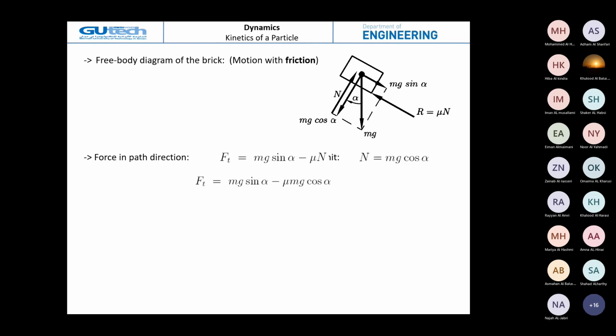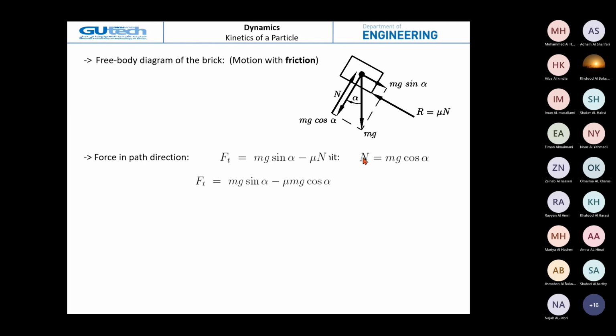In this case, there is also the force R, the resistance force or friction force R, which is the friction coefficient mu multiplied by this contact force N. In this case, Ft will be defined with mg sine alpha as the previous one, and we added mu multiplied by N, which is this force R.